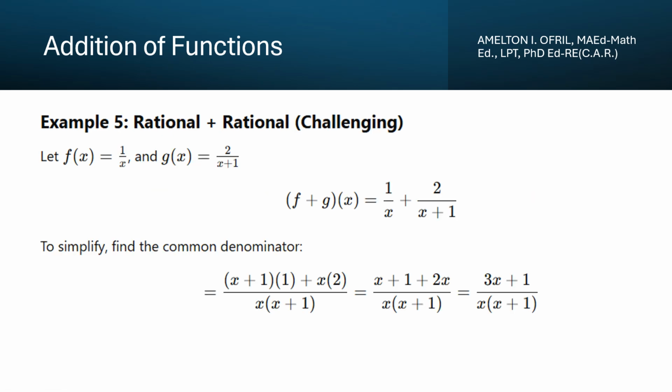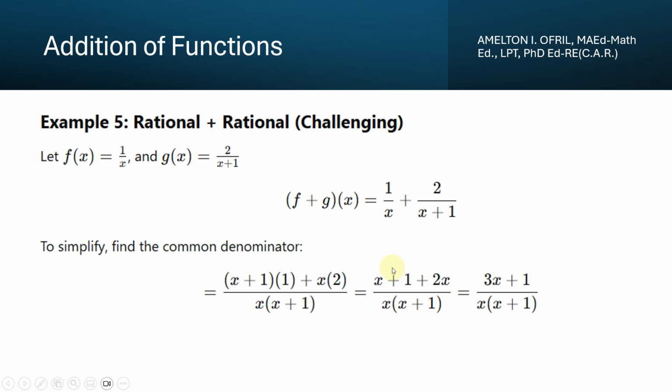And in our last example, which is a little bit challenging because you have to recall your fraction concepts, which is the common denominator. In this example, we have to get the common denominator of these two rational functions. So we have 1 over x plus 2 over x plus 1.